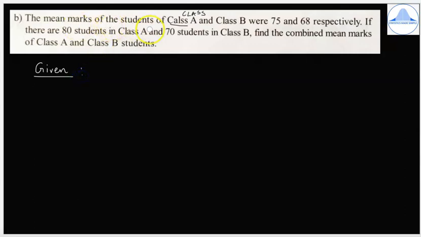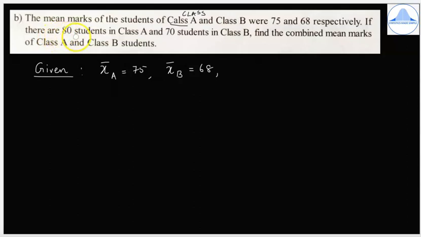The mean marks of students of class A and class B, they've used the word mean. So when they've used the word mean for class A, I will denote it as x bar A. The bar is important. It stands for the mean of class A. This is equal to 75, and the mean for the second class B, that is x bar B, is equal to 68.